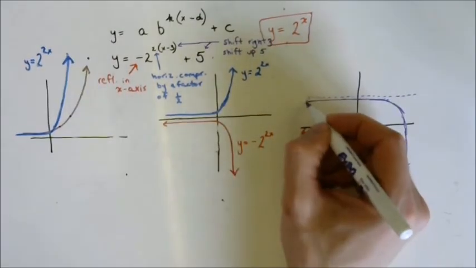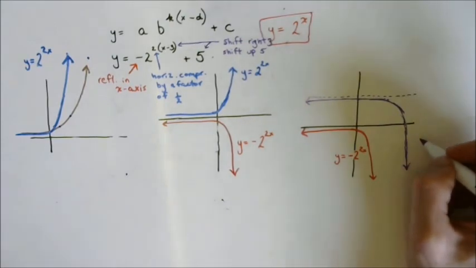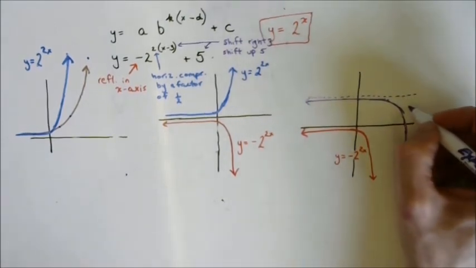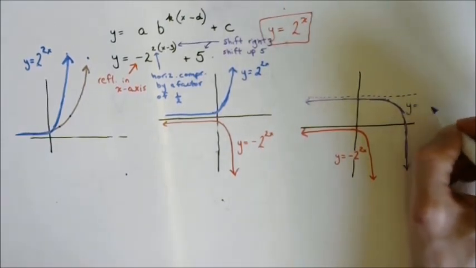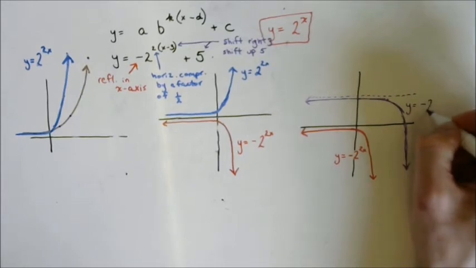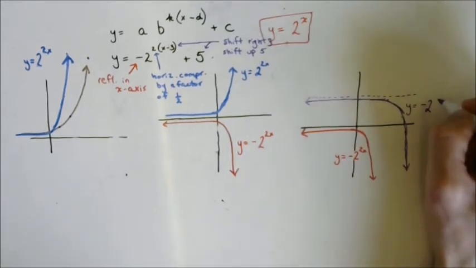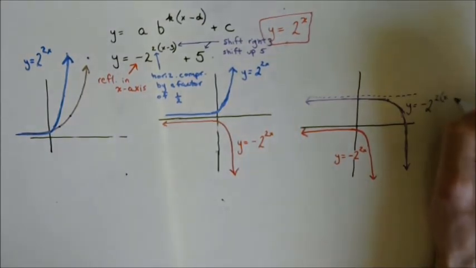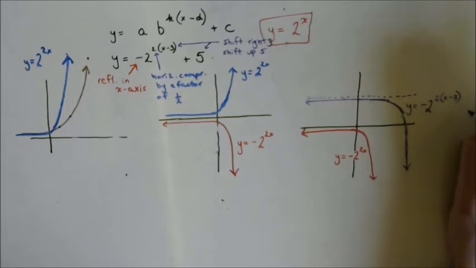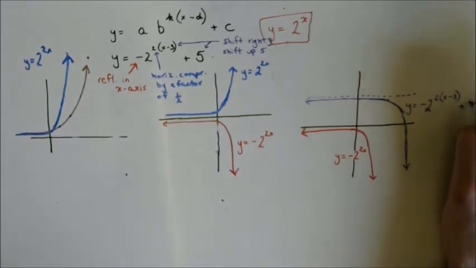Something like that, with an arrow on both ends, and label it. That is the graph y equals -2 to the power of, and I applied both of my other translations, so I've got 2 bracket x minus 3 close bracket, and then the end of all that plus 5.